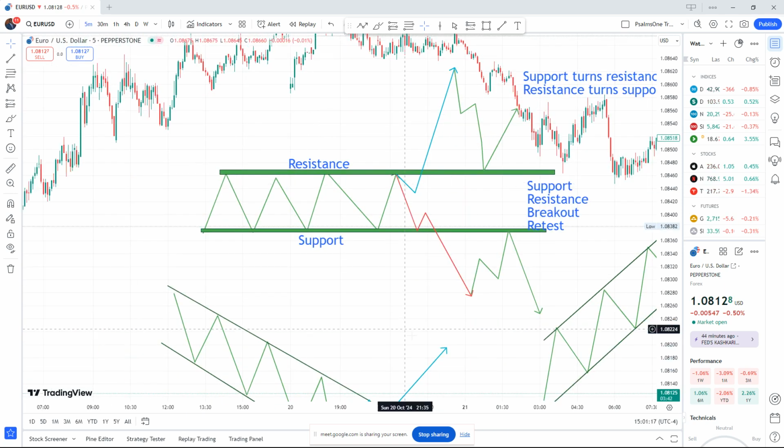The lower part is our support, and the upper part is the resistance.